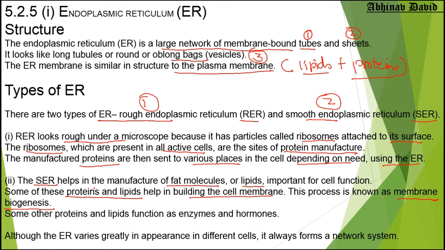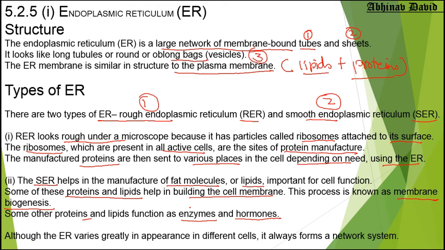RER makes proteins and SER makes lipids. So these lipids and proteins together repair the cell membrane and form a new cell membrane, and this is called membrane biogenesis.